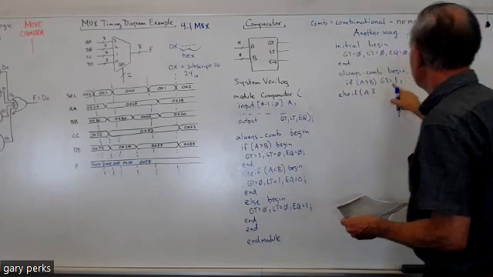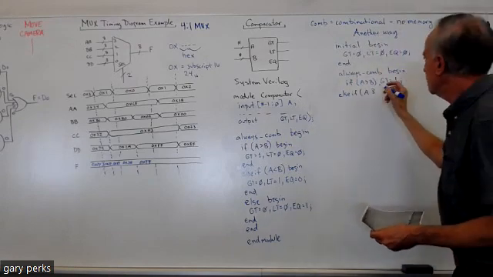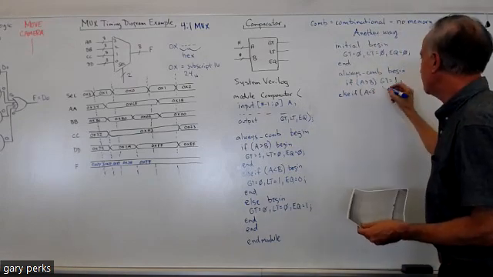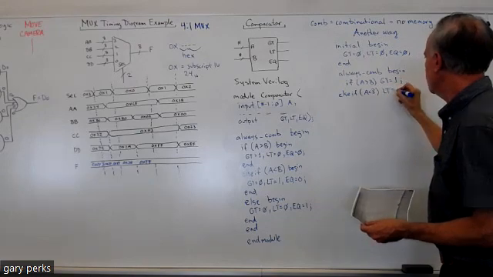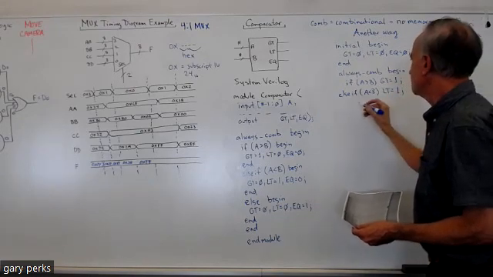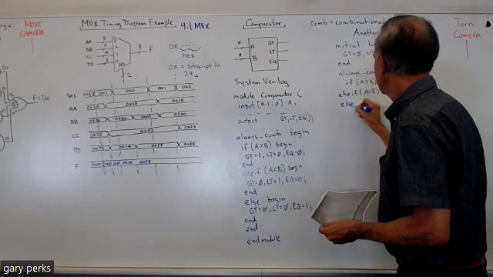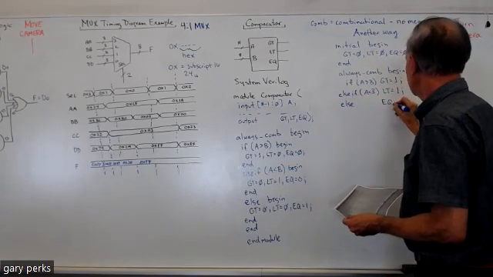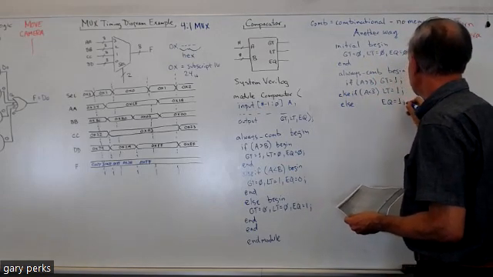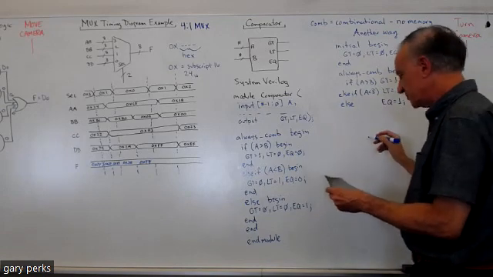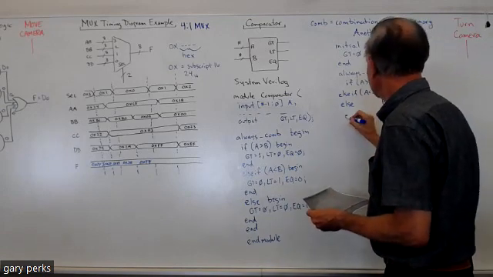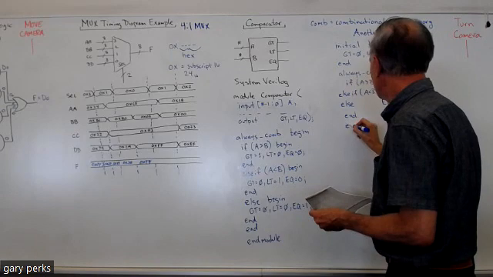Same as what we have here. We want GT to equal 1. Else if A less than B, LT would equal 1. Else EQ equals 1, and then we would just have to end this begin and then end module.